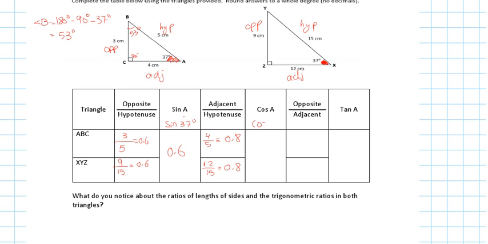What do you get? 0.7986, so that's about 0.8. Very close to 0.8. Remember that the measurement of the angle is not exactly 37, it's either rounded up or down.